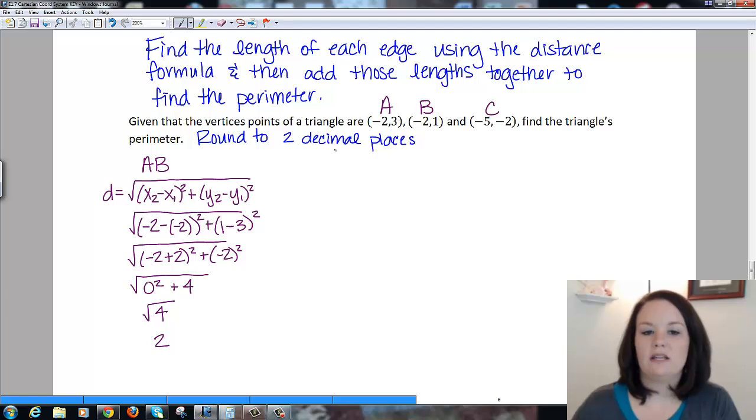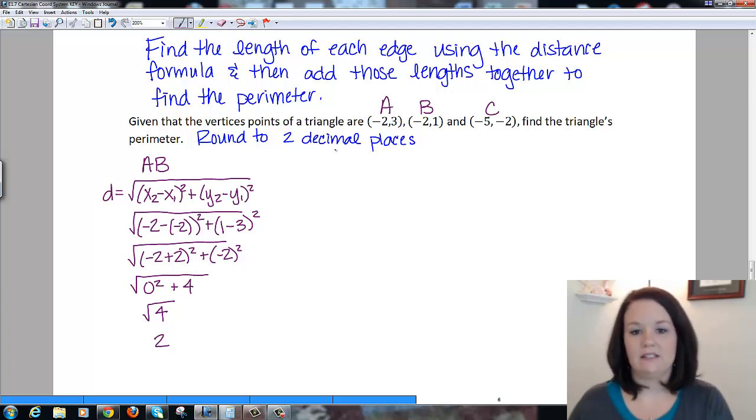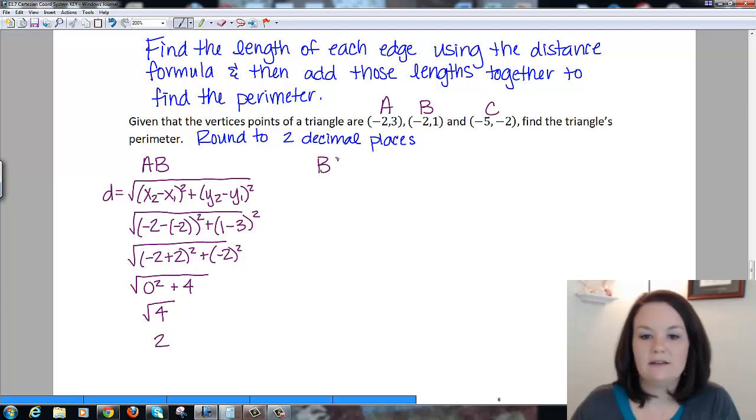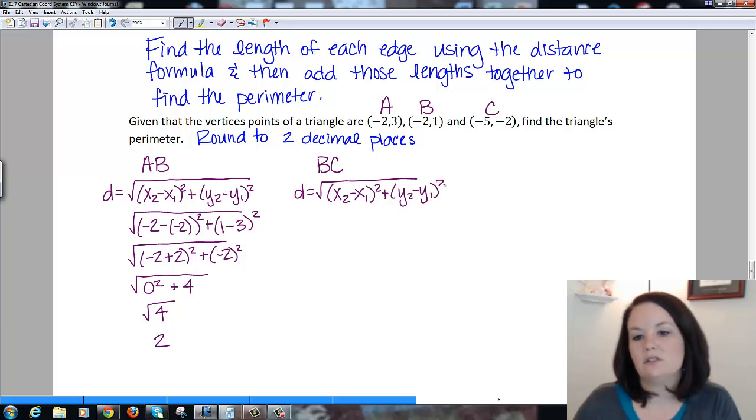Now I need to find the length between the point B and the point C. So I'm going to label this BC. And again, my distance formula, I'm going to write it out: x2 minus x1 squared plus y2 minus y1 squared.